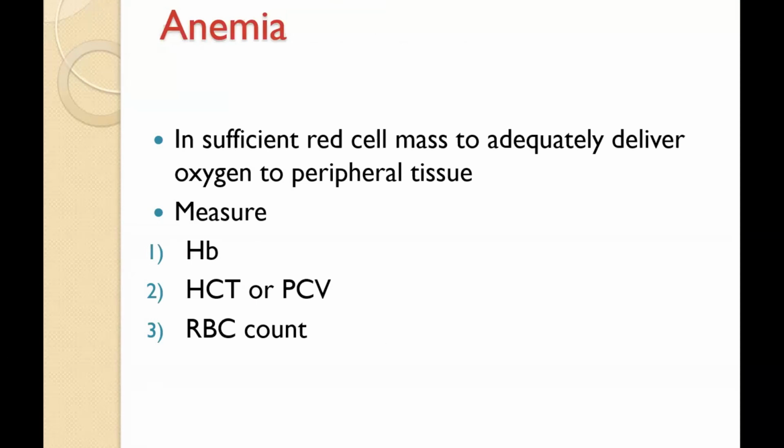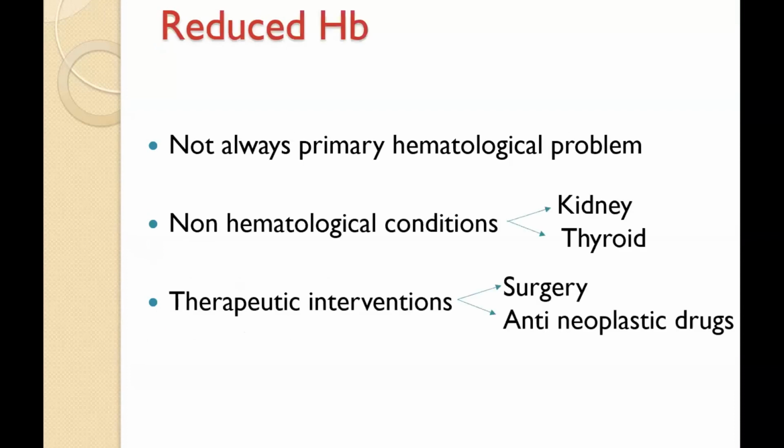When we perform it manually, as we used to do in our college time, that is considered as packed cell volume. When we multiply MCV by RBC, our counter provides us a calculated parameter, that is called hematocrit, that is not a measured parameter. And it is not always a primary hematological problem.